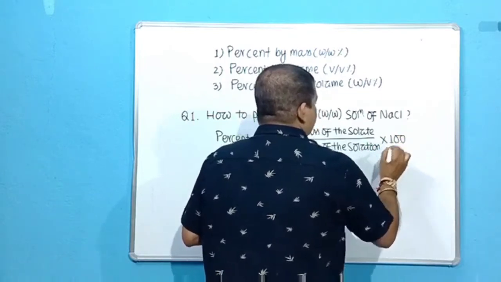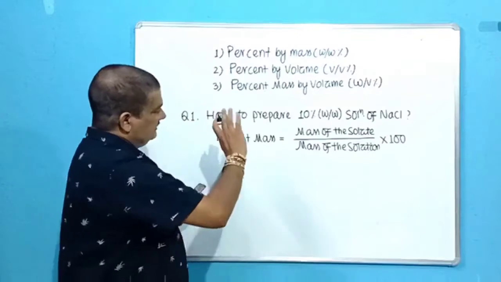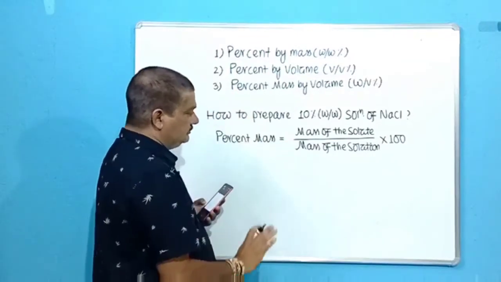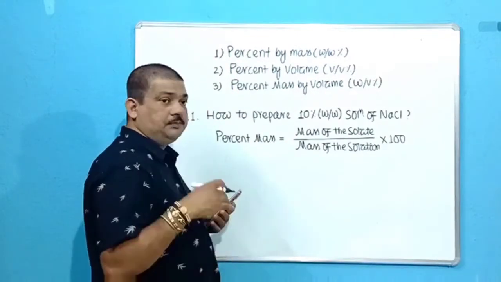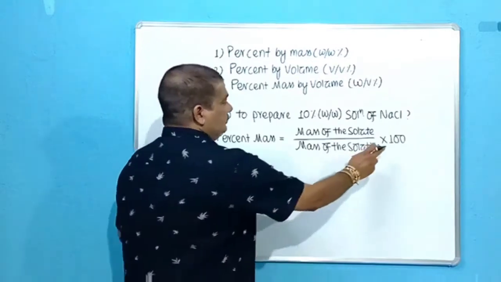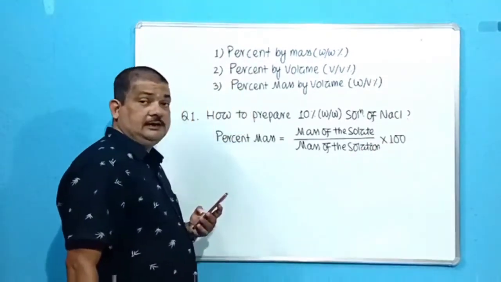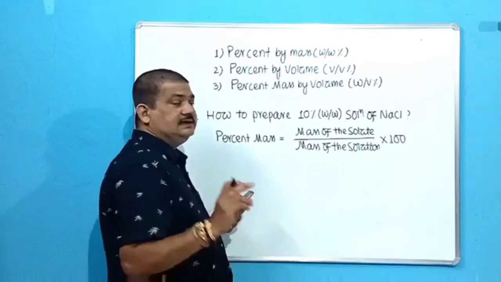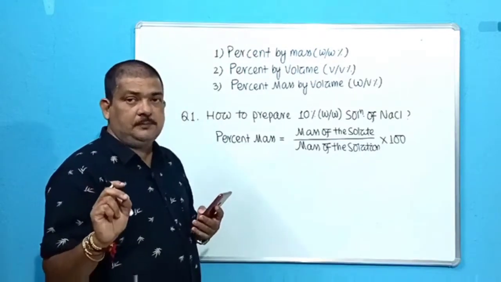So it is clearly visible that percent mass means mass of the solute divided by mass of the solution. Percent means always 100, so it will be multiplied with 100. Okay. And mass of solution means solution contains two components.